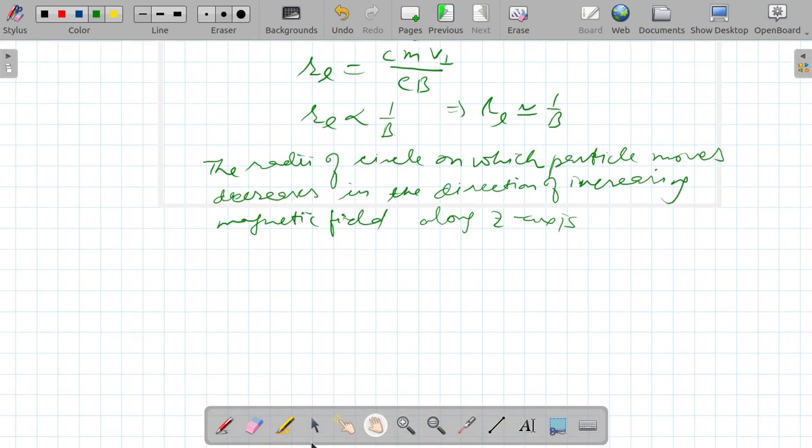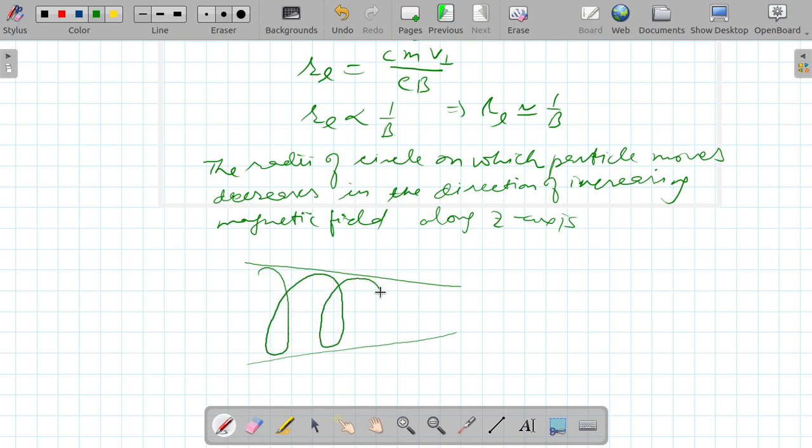So pictorially, how it can be understood, it is like this. It was such type of situation, and say it is z-axis, and say it is the direction of v z, and this is basically v r.